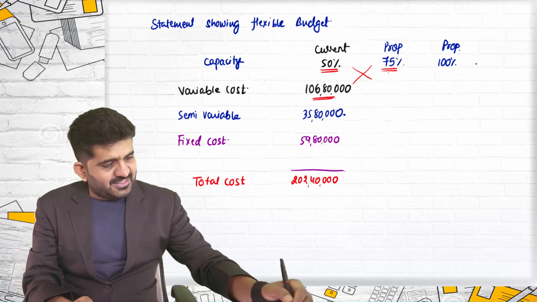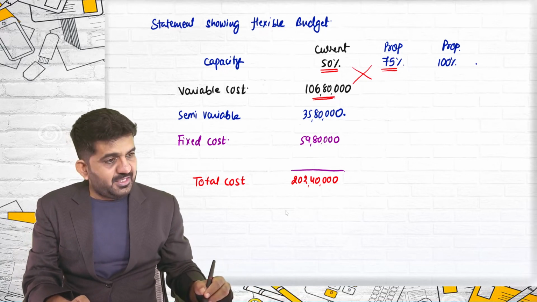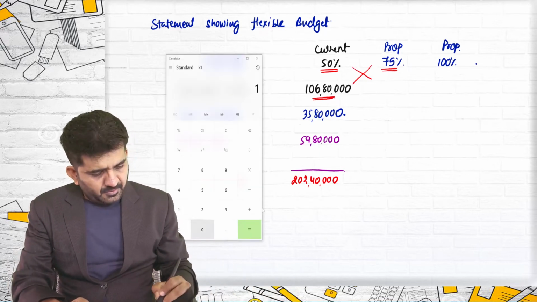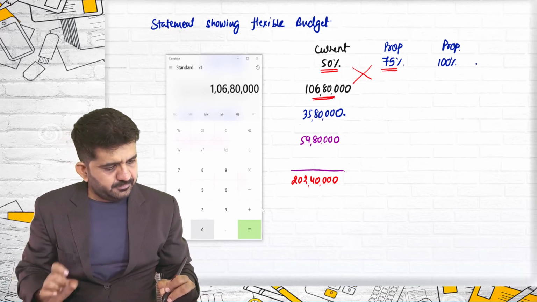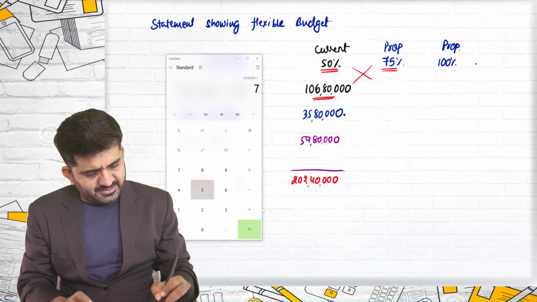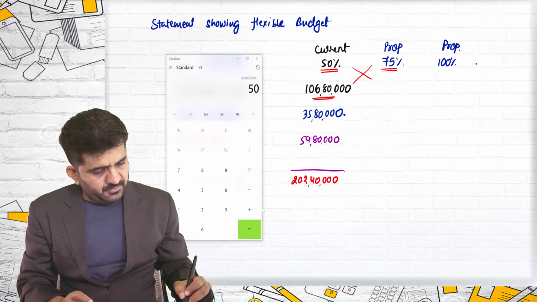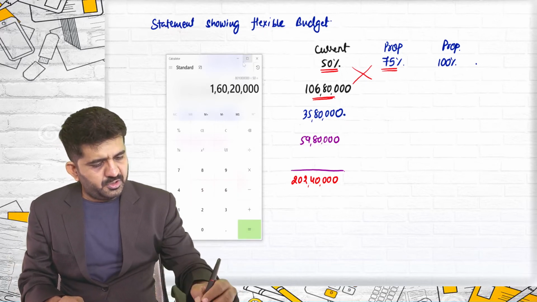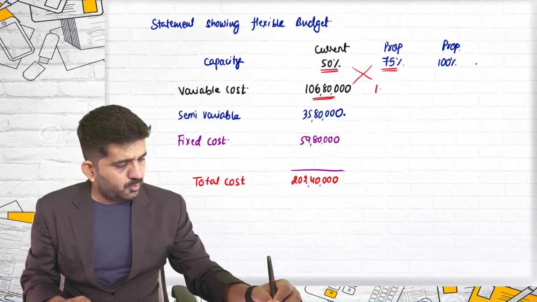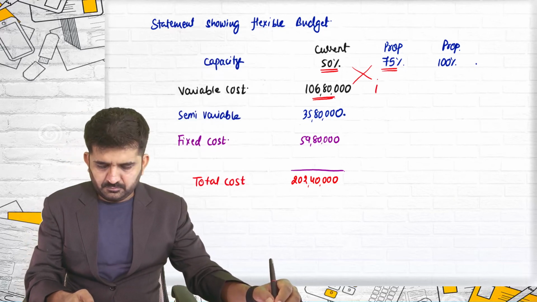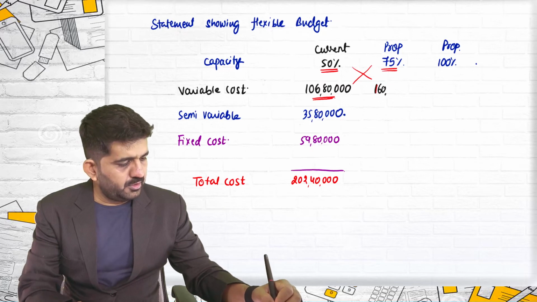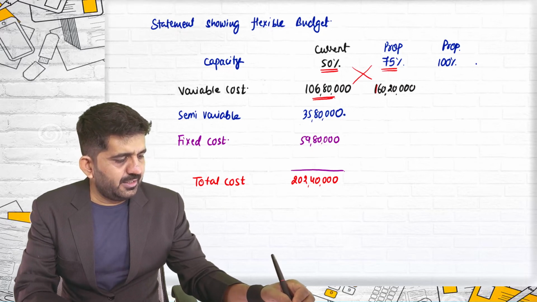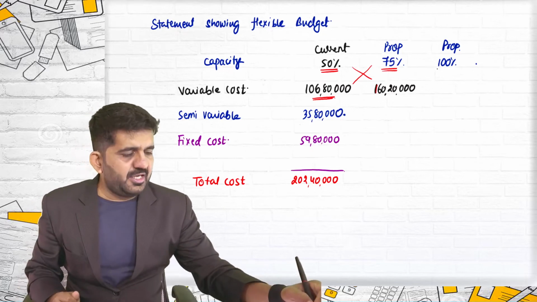So what will be at 75% capacity? Variable cost will be 1 crore 6 lakh 80,000 multiplied by 75 divided by 50. It is 1 crore 60 lakh 20,000.